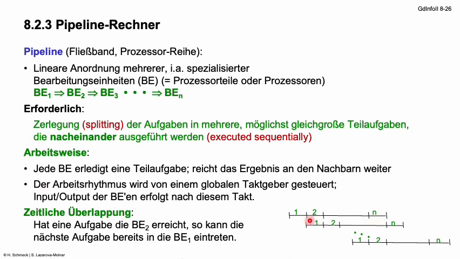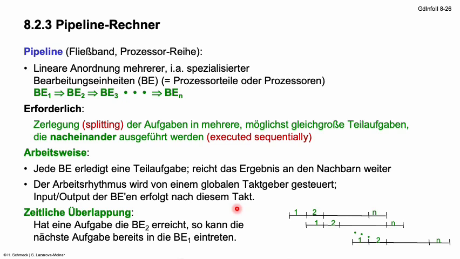And you can see here, the work rhythm is always controlled from a global clock, and the input and the output of the processing units also follow this global clock or cycle.